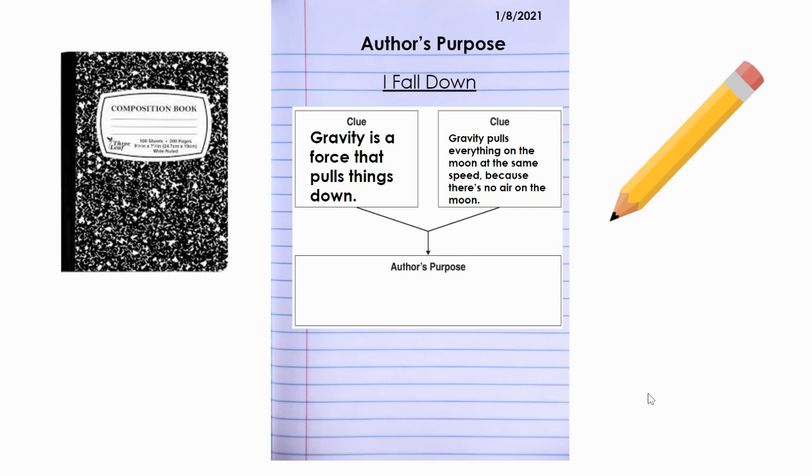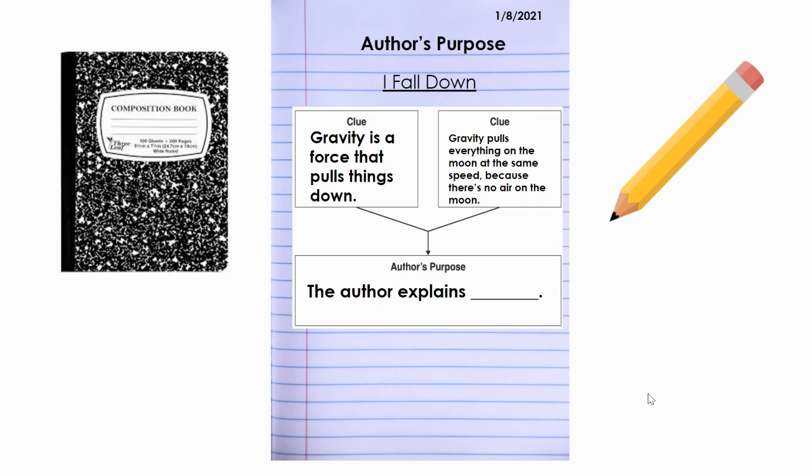So if both of our clues are about gravity, what do you think the author was wanting to teach the reader from the story? What do you think was the author's purpose? The author's purpose of this story was to explain what? The author explains blank.